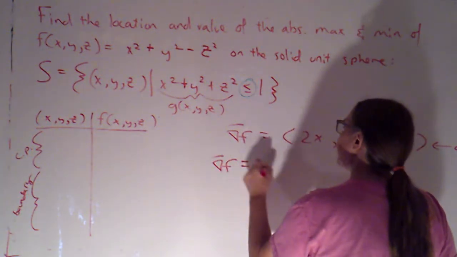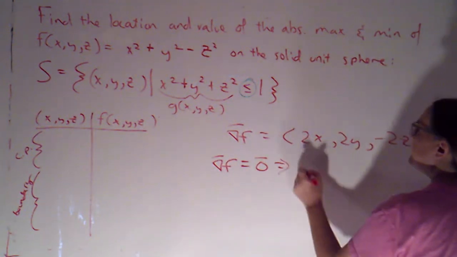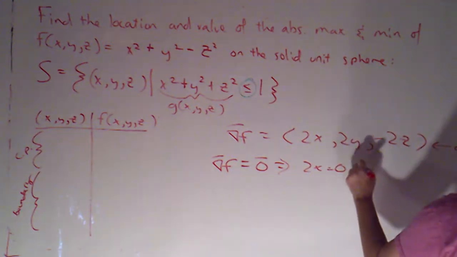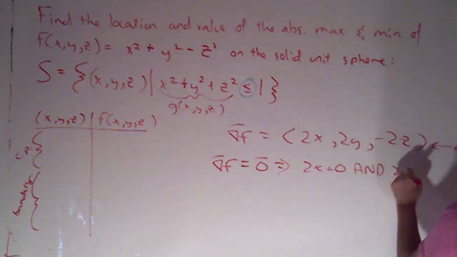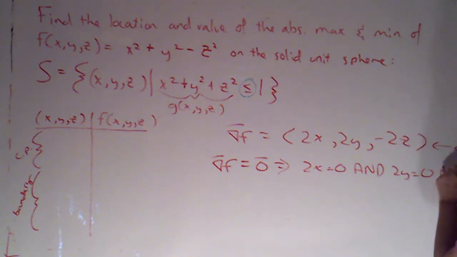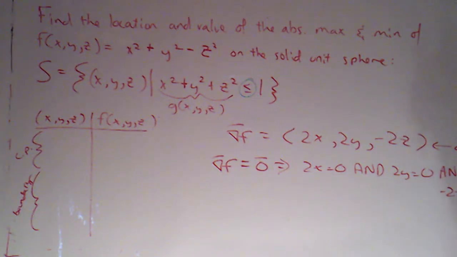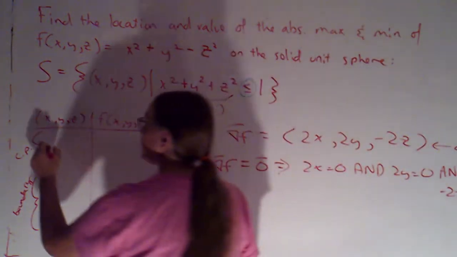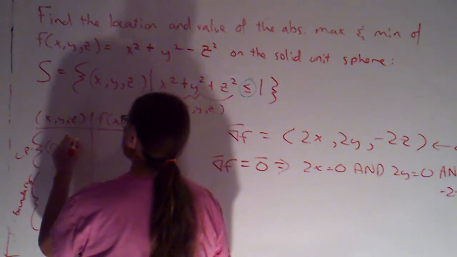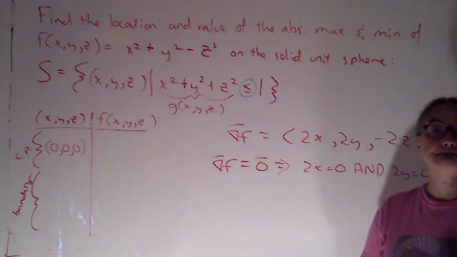The gradient of f equals 0 means that 2x equals 0, and 2y equals 0, and negative 2z equals 0. So basically, all 3 variables have to be 0. I have a critical point at the origin, and that is included in that solid unit sphere.